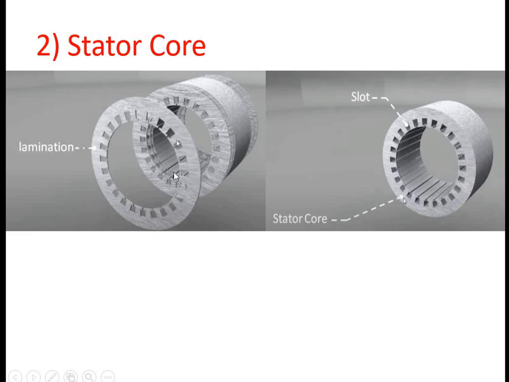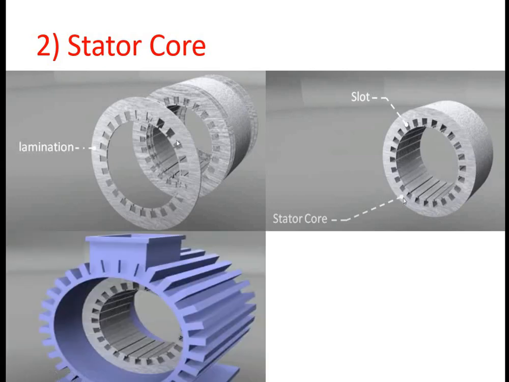The reason for the lamination is to reduce eddy current loss, and all the stampings are made of silicon steel material to reduce hysteresis loss. We particularly prefer silicon steel material. After making this complete solid laminated stator core, we house it inside the stator frame.